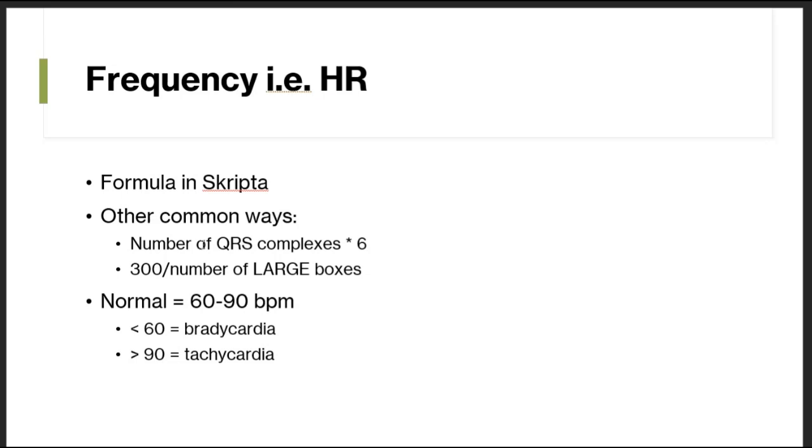If you multiply that by 6, that's 60, and well, they will accept that as the heart rate. The normal is between 60 to 90. You might see other ranges that might be provided, such as 50 to 90, or even 50 to 100 in some cases, but universally you can sort of accept this as the normal heart rate. Anything less than that is bradycardia, and anything greater than that is tachycardia.